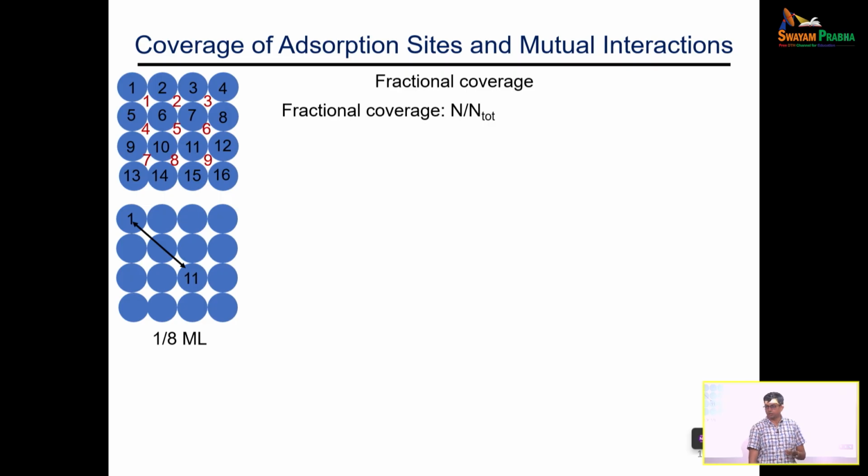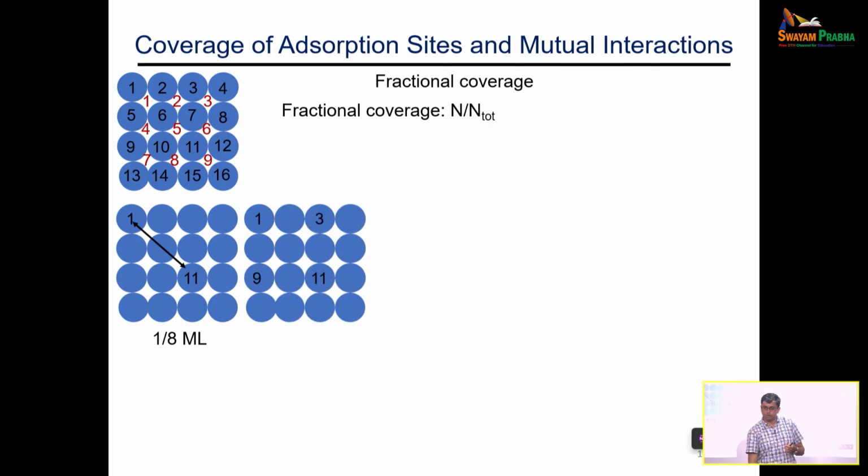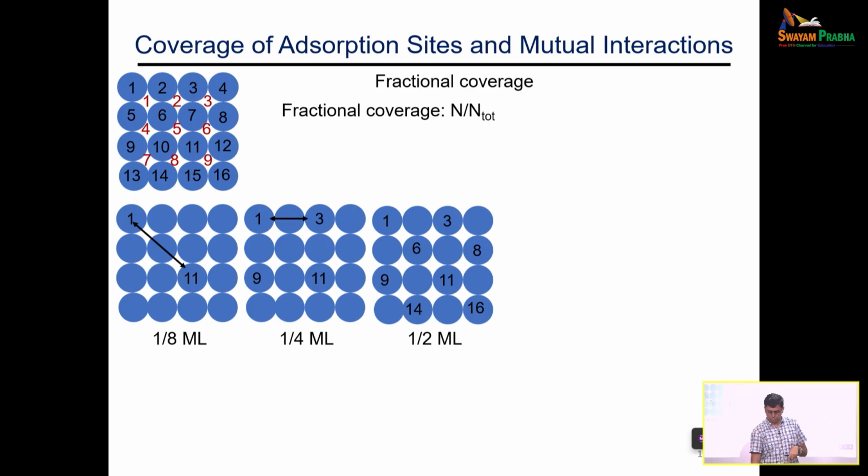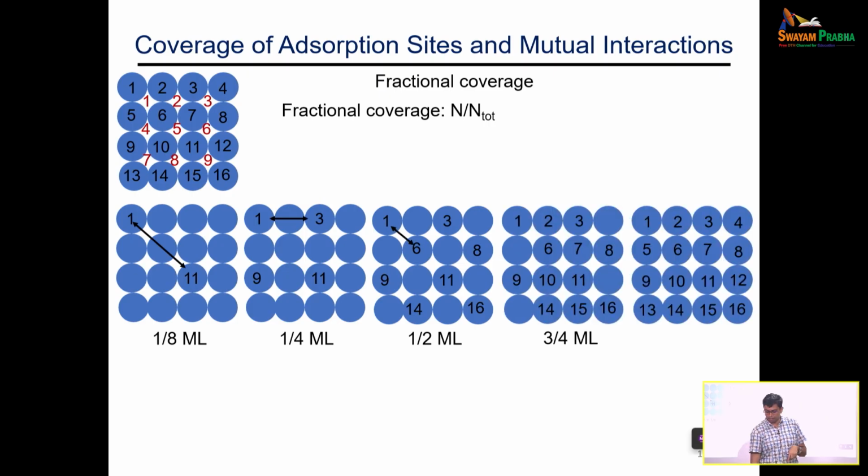So 1 by 8 is what is called a fractional coverage. This will be 4 out of 16, and in terms of a monolayer, it is 1 by 4. This is half, and if you have all of them, this is called 1 monolayer. If all the sites are occupied, that is called monolayer adsorption.